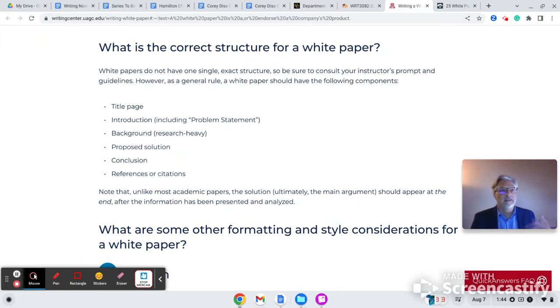Not that every single one is going to be cause and effect, but let's say it's cause and effect-ish. So you've got this thing that causes it. What are all the effects? Make sure that every single one of your points has some research to back it up. Preferably paraphrase. This paper shouldn't be super quote heavy.